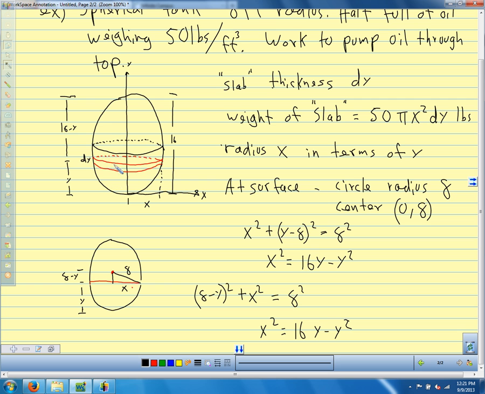So each slab of liquid is moved through a height of 16 minus y, as y varies from 0 to 16. So now I'm ready to set up my integral.